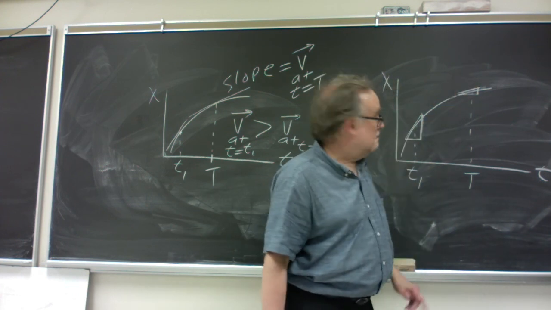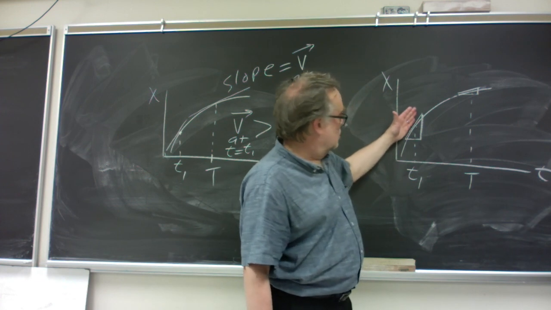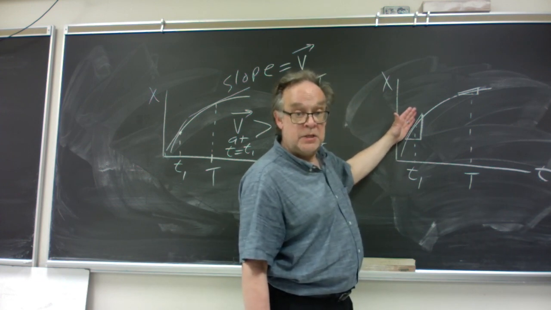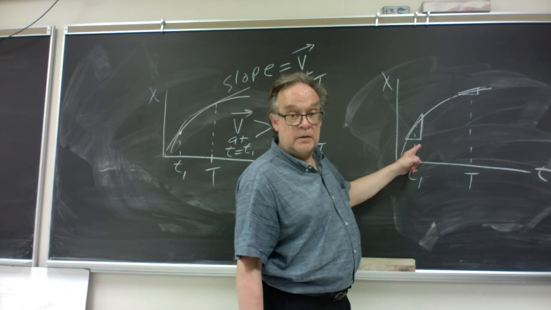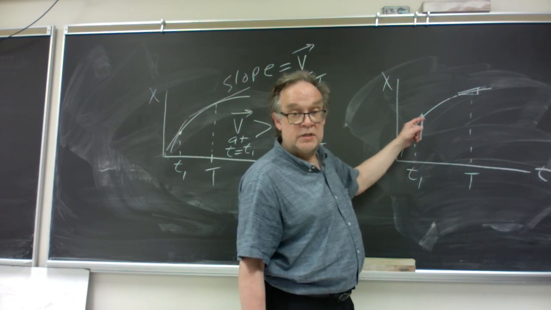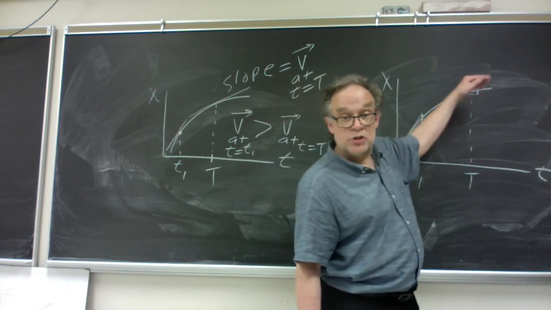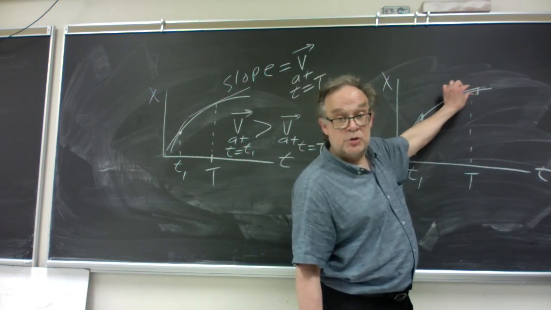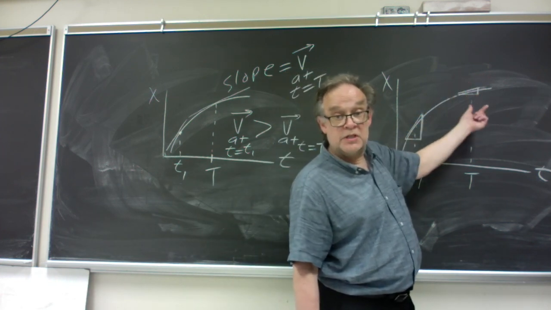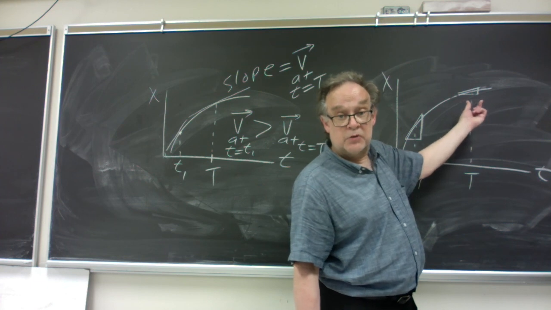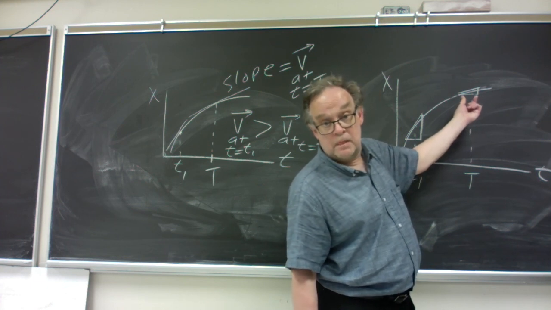In other words, where the slope is steeper, the object travels a greater distance in a particular amount of time, and where the slope is gentler, the object travels a much shorter distance in that same amount of time. In other words, it's slower.